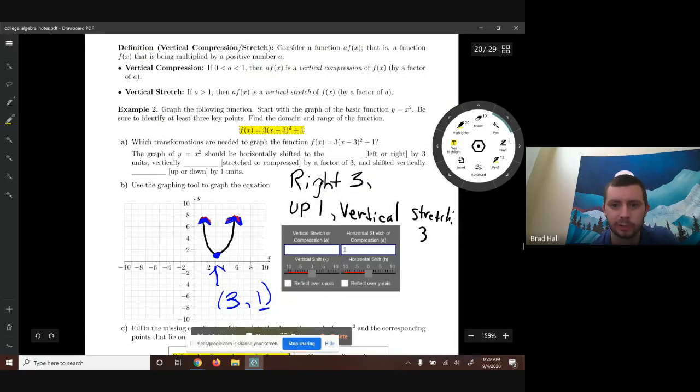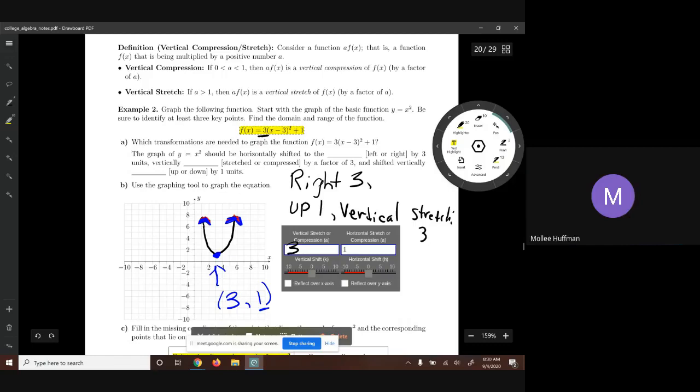So that's why we put a 3. In that example we had a vertical stretch or compression, but since we do not have such a number here, there's no number multiplying the function. That's what you have to look for with the stretch or compression. Okay, thank you so much. Yep.